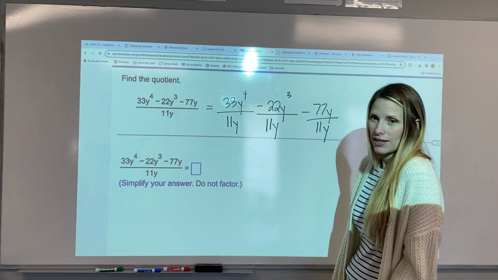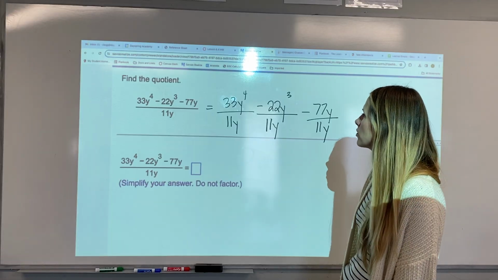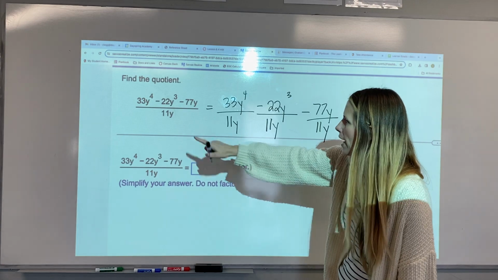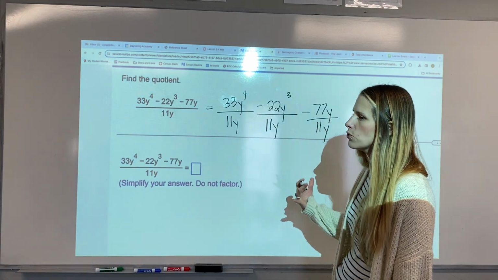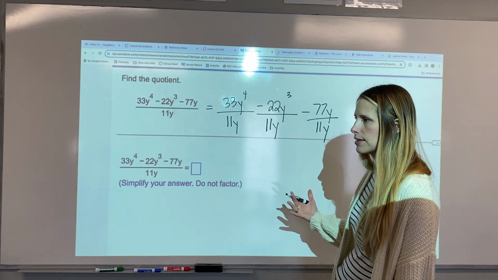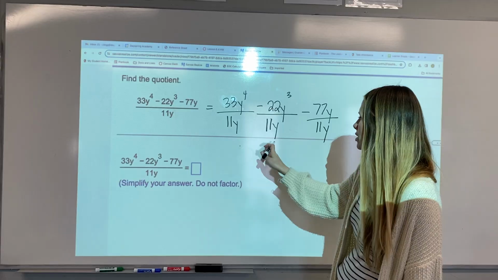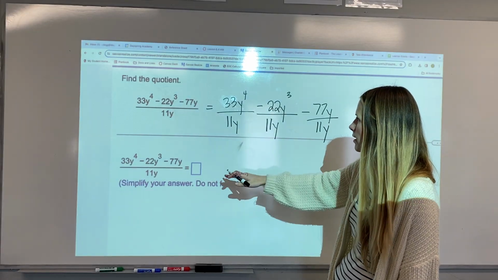You're not gonna learn anything if you don't put any effort into it, okay? So the first step is set it up so that each term is being divided by the divisor, the monomial. Then we continue with the same steps as the previous example. For each one, we divide our coefficients and then our variables.